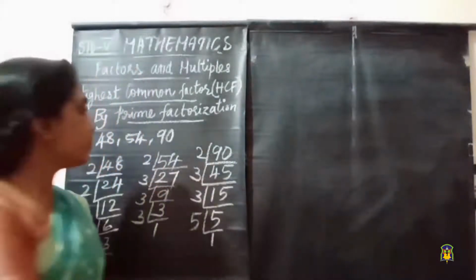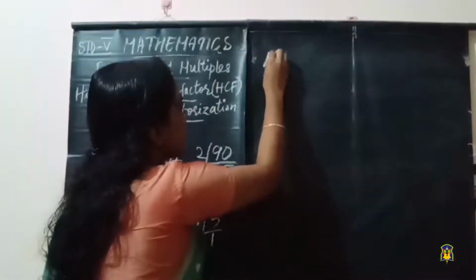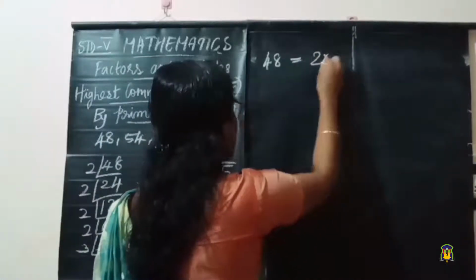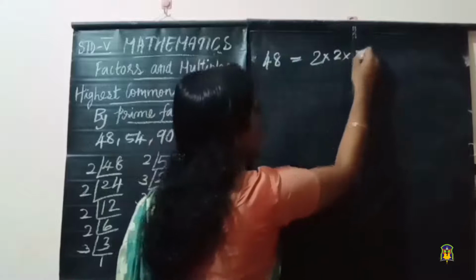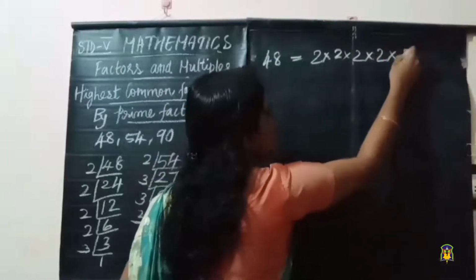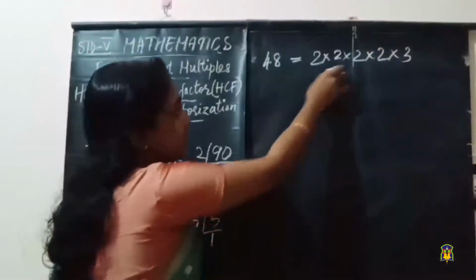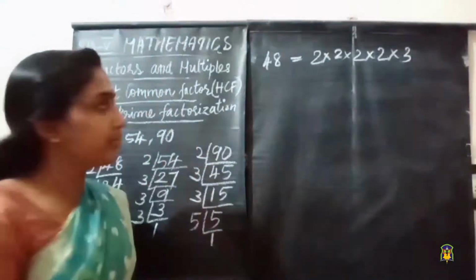Now we can write it here. 48 is equal to 2 into 2 into 2 into 2 into 3. Here we have written 48 as the product of prime numbers.